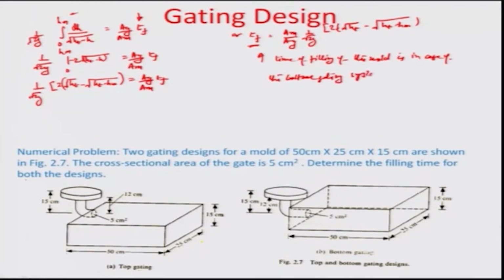So, in both these assumptions, whether it is the vertical or the bottom gating, what we have really assumed is that there is no effect of friction on changing the velocity head. For example, the gate velocity V_g would be heavily influenced in the real case because of friction between the channel walls or the runner walls and the liquid metal as it moves.